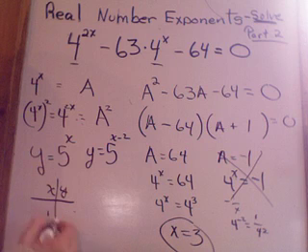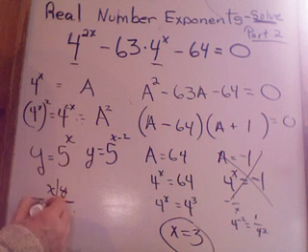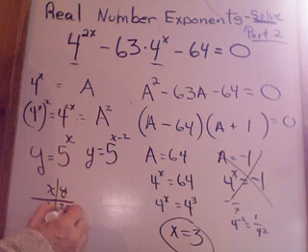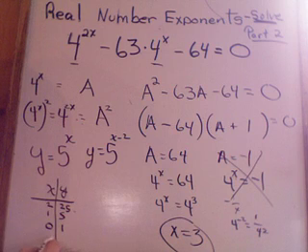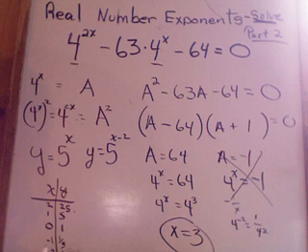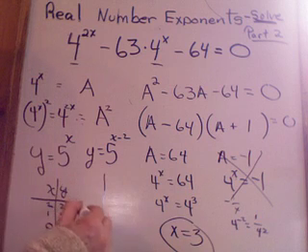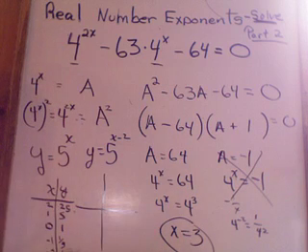Use some positives. 5 to the 1 is 5. 5 squared, 25. Also use some negatives. 5 to the negative 1 is 1/5. 5 to the negative 2 is 1 over 25. So make sure you give yourself a good list of values to get a picture of what the graph is.